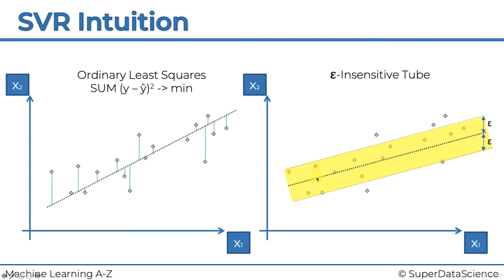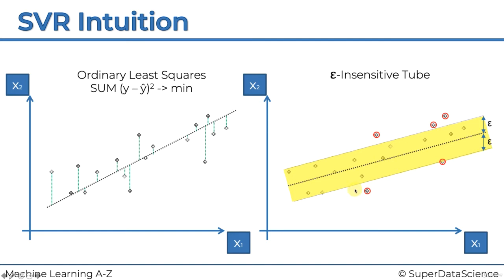Here, we don't care about this error because it falls within this epsilon insensitive tube. So we're disregarding any kind of errors in here. And that's kind of the key behind support vector regression. It gives a little bit of buffer to our model. And at the same time, we have points that are outside the epsilon insensitive tube.